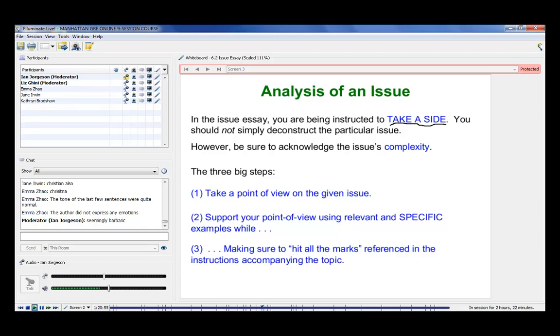The other thing is relevance. I read a lot of essays where I'm sure that the example that the writer chose was relevant to them, but it's not clear why it's relevant to me. So if you use an example, you also have to include information in that paragraph that both describes the example and describes why that example is relevant. And by relevant, I mean supports your point of view.